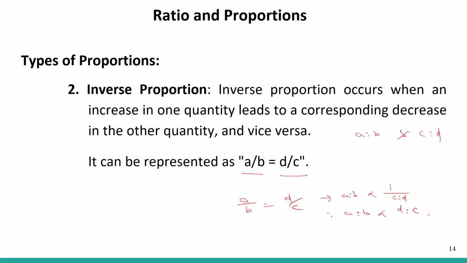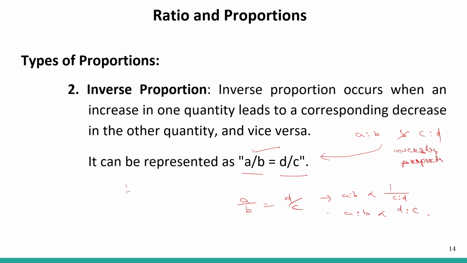You can just alternate the side of the ratio in which the quantities were written and use the directly proportionate symbol, or you can directly write this as inversely proportionate.